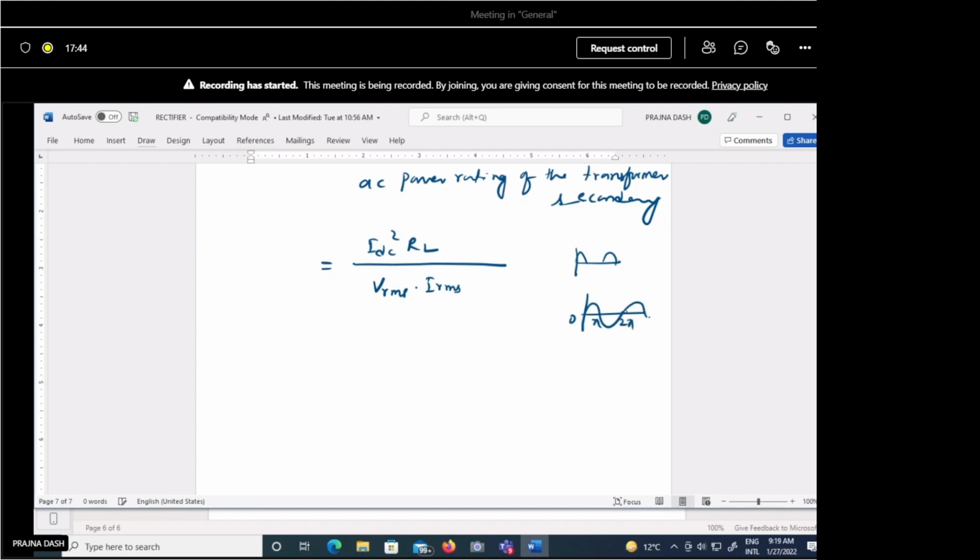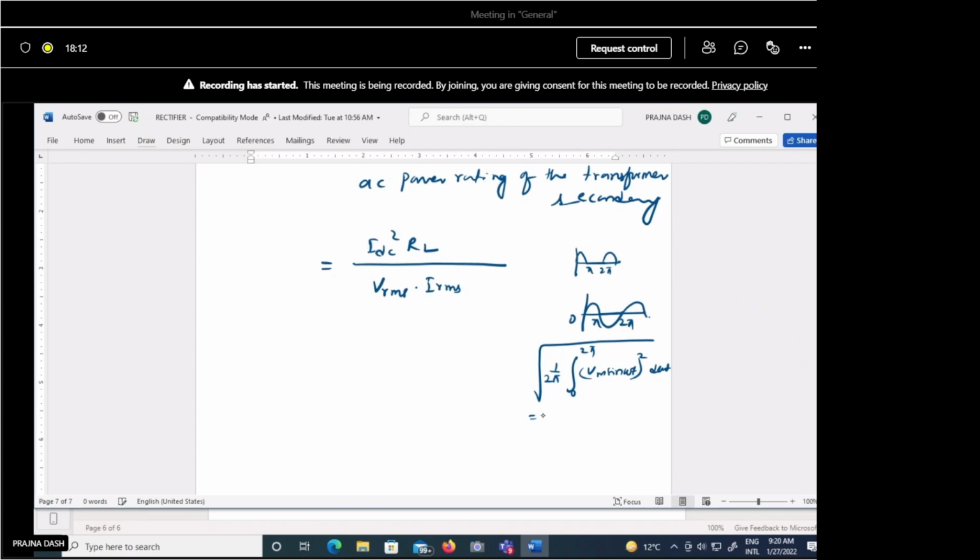Earlier, from pi to 2 pi we considered the value 0. But here, from pi to 2 pi the value will be minus sin omega t. So when we integrate and take the RMS value, it is root of 1 by 2 pi, integral from 0 to 2 pi of Vm sine omega t whole square d omega t.